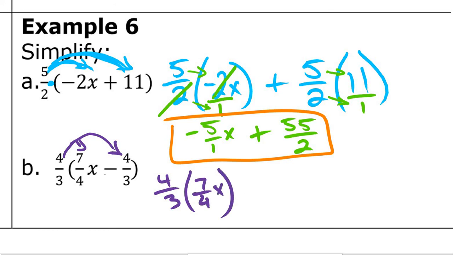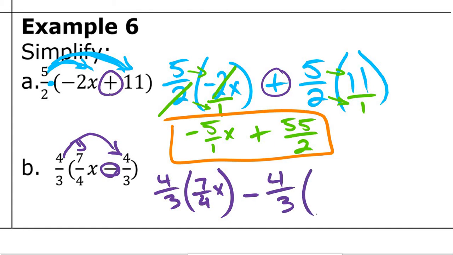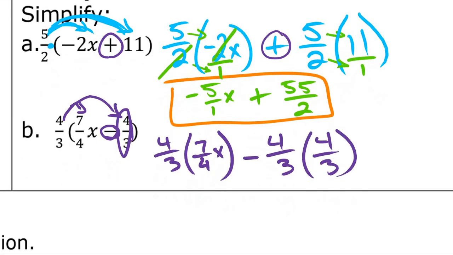And also, since it's a minus sign in between, we put a minus, just like last time it was plus, so we left a plus there. Minus 4/3 times 4/3. This is the 4/3. That's the second one. That's the first 4/3. And now we're going to multiply where we can multiply. Numerator times numerator, denominator times denominator.